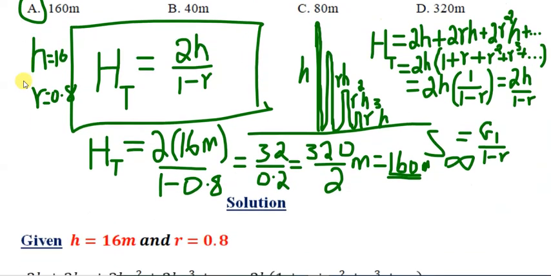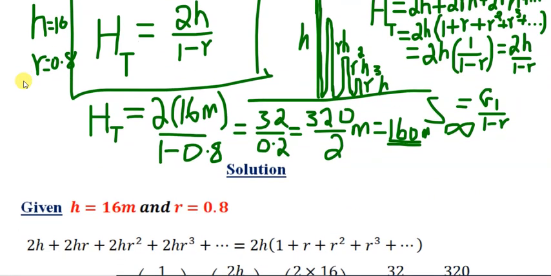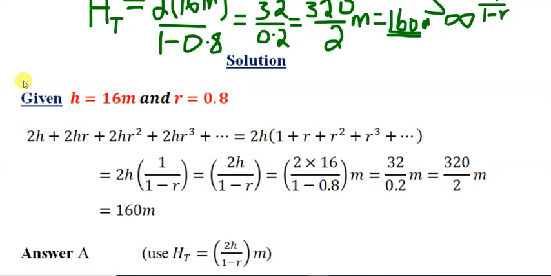Here I actually did the same thing using a computer. Here you can see that our h is equal to 60 meters and r is equal to 0.8, and then the total distance covered by the ball is 2h plus 2hr plus 2hr squared.